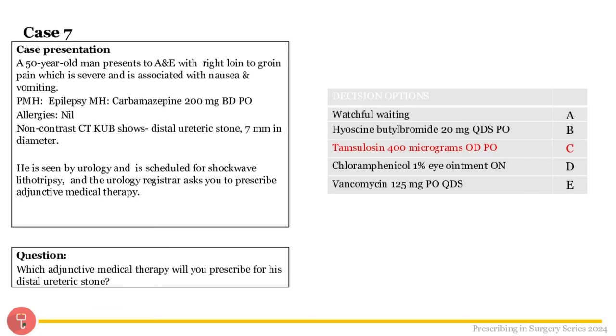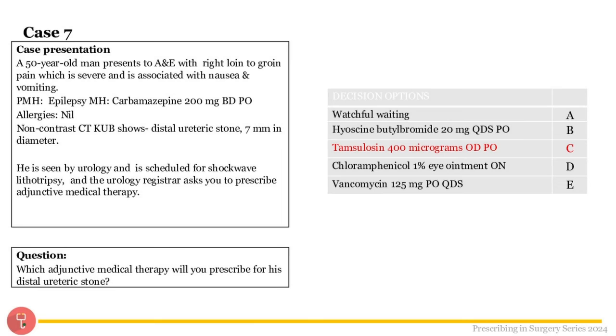So the reason why it's not A is because we tend to do watchful waiting for asymptomatic renal stones, or stones if they're less than 5 millimeters in diameter, and his stone was 7 millimeters in diameter, and he's symptomatic. The reason why it's not B is because hyoscine butylbromide is used for symptomatic relief in GI or GU disorders caused by smooth muscle spasm.